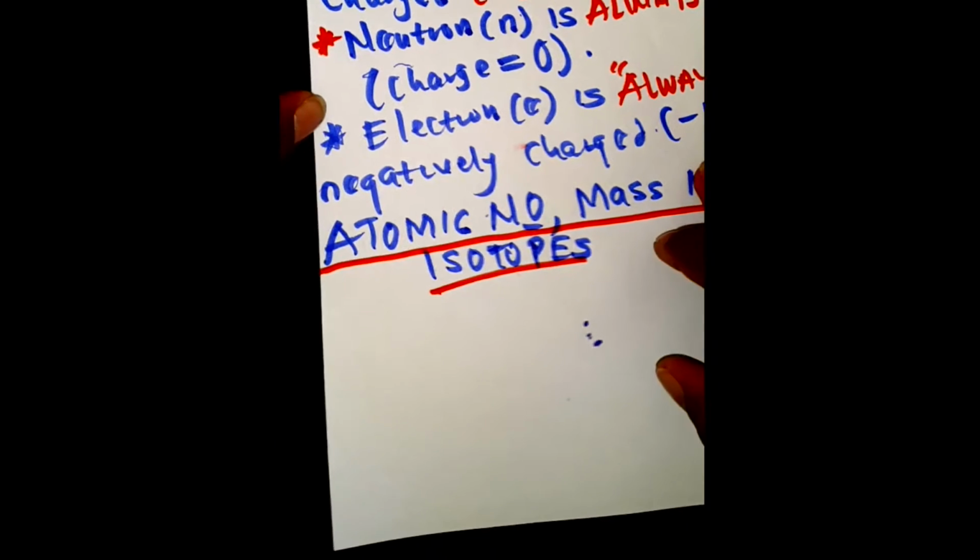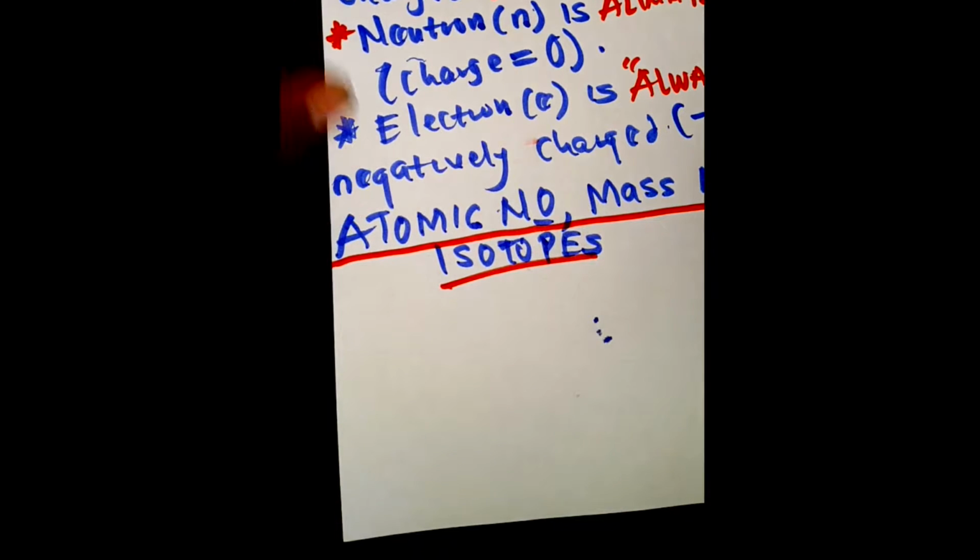What are atomic numbers? Atomic number is the number of protons in a nucleus. That means the number of protons in the nucleus is called atomic numbers.